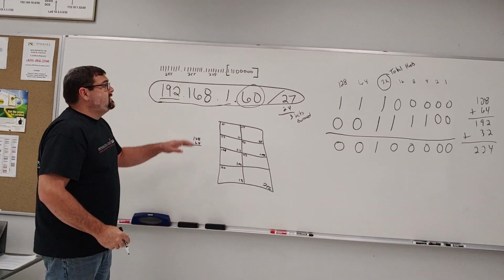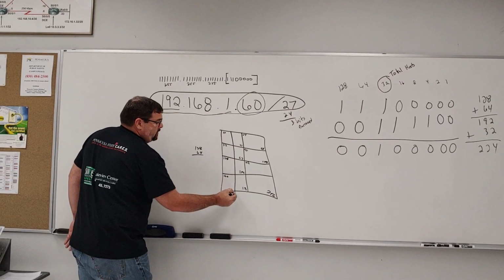Every time you borrow a bit, you have to divide your network again.